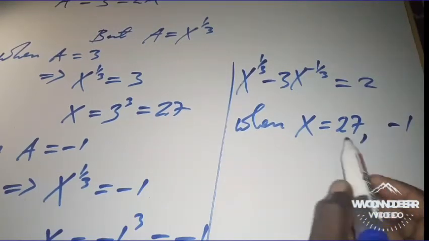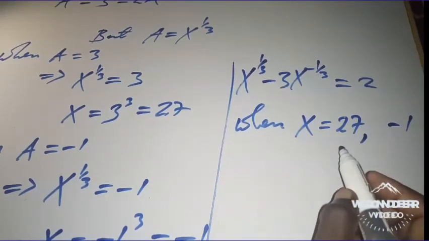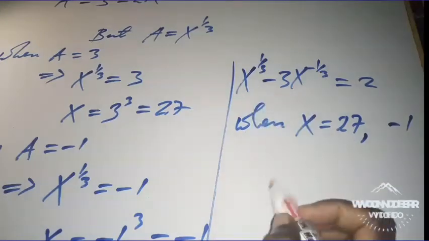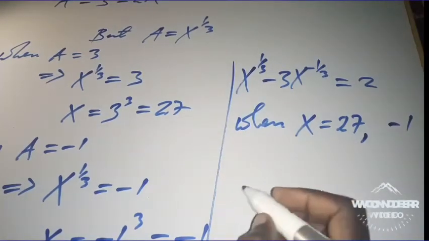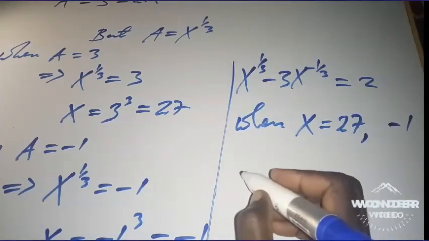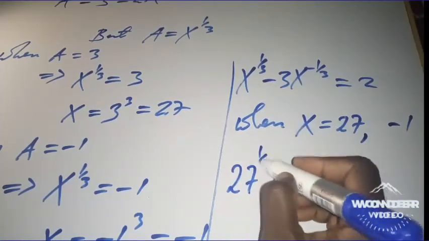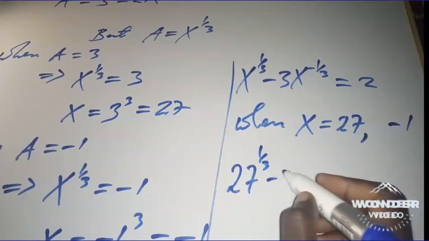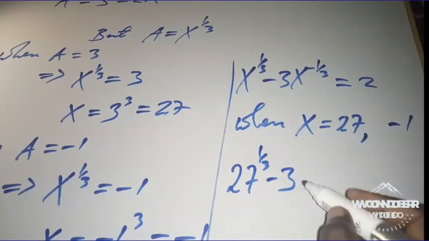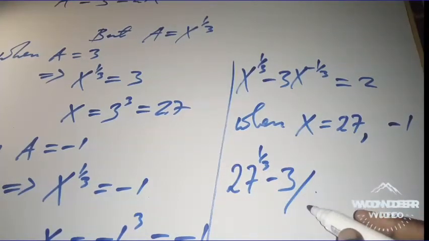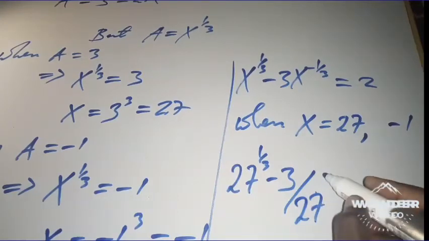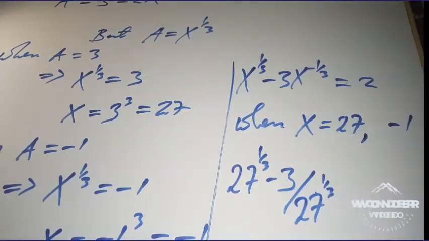Going by 27, if x is 27, we now have 27 to the power of 1 over 3 minus 3 all over 27 to the power of 1 over 3.